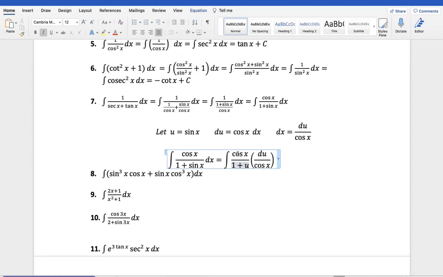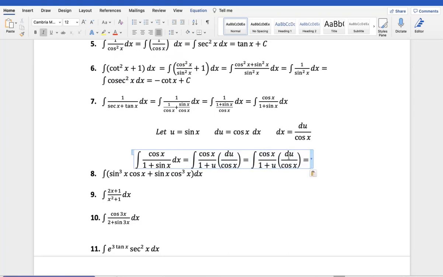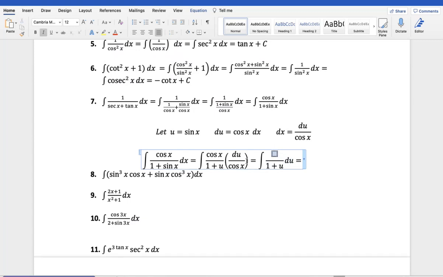And in the numerator, the cos stays there, but it cancels with the other cos in the denominator. So now we can rewrite this as the integral of 1 over 1 plus u du. Right, so our integral is fully in terms of u now.